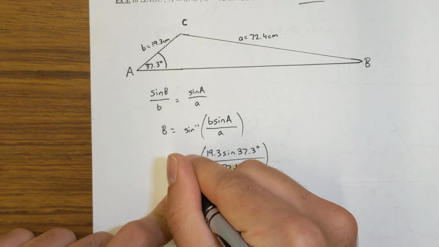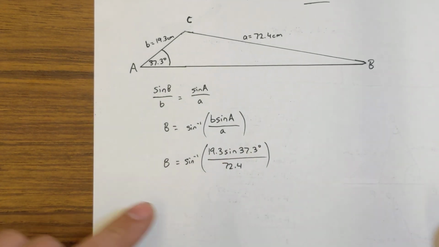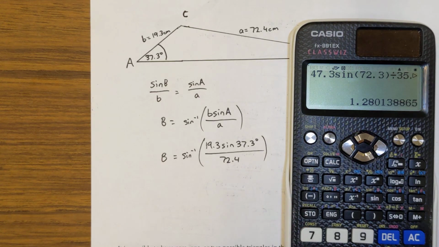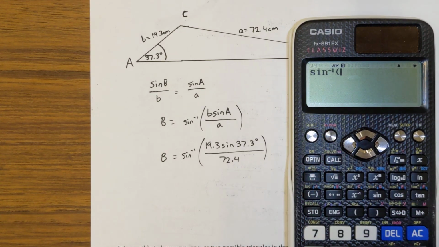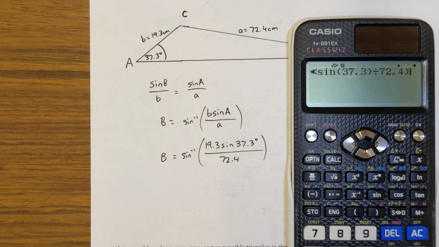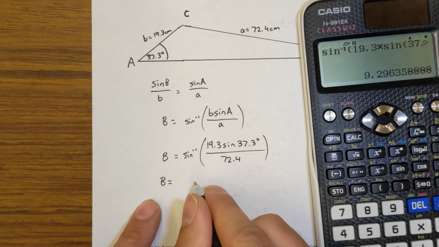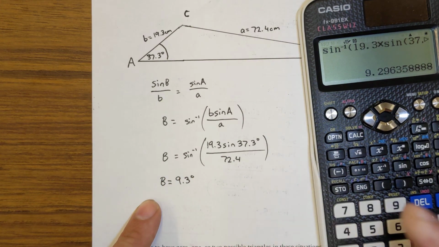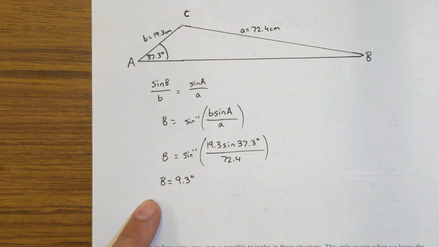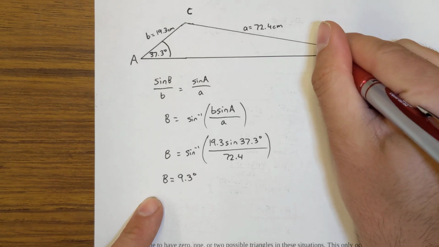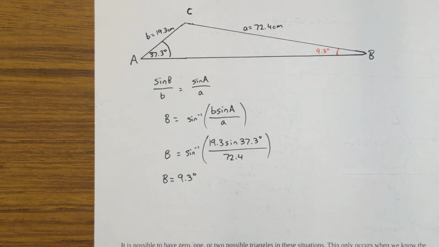Sine inverse equals our angle B. So sine inverse of 19.3 times sine 37.3 divided by 72.4 equals 9.3 degrees. So it's saying that this angle is so small, it's only 9.3 degrees.